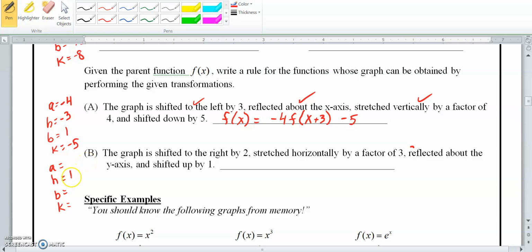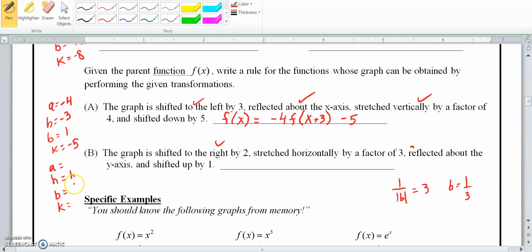B, it is A, H, B, K. To the right 2, so h is 2. Horizontal stretch by a factor of 3. Horizontal stretch by a factor of 3 puts us, well, by a factor of 1 over absolute b equals 3. So b, if we were to solve for b, ends up actually equaling 1/3.